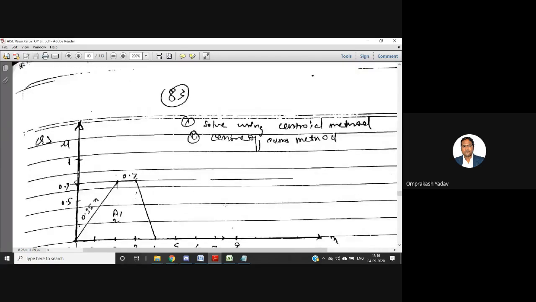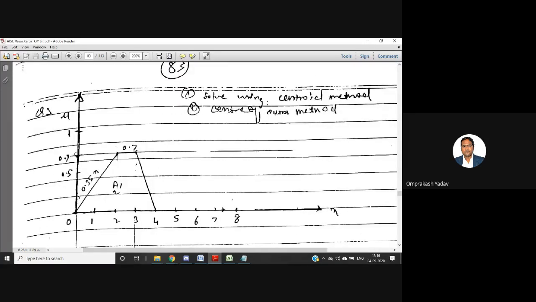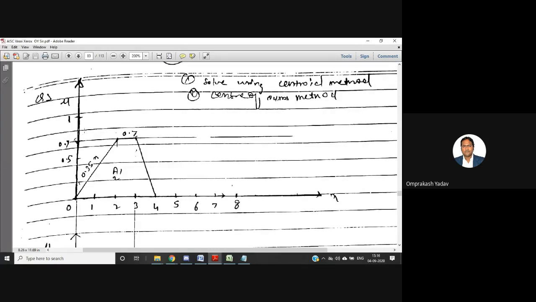So what I've done here, the first method is using the centroid method, and the second is the center of sounds method. The first graph I've drawn like this.